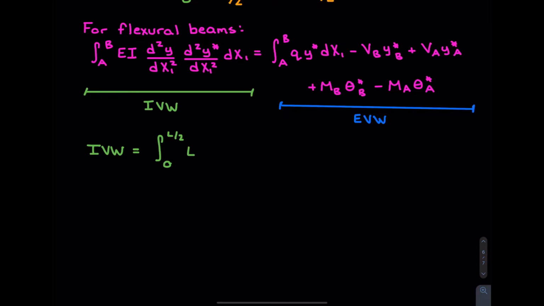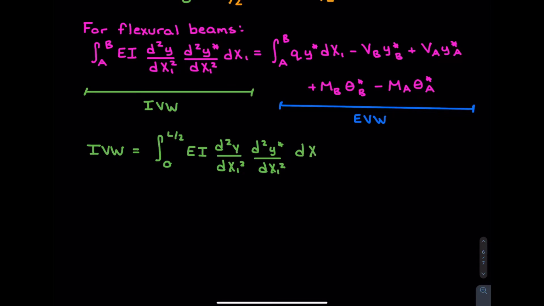EI is not going to change over the region. And then we have d squared y over dx1 squared, and then d squared y star over dx1 squared, all with respect to dx.